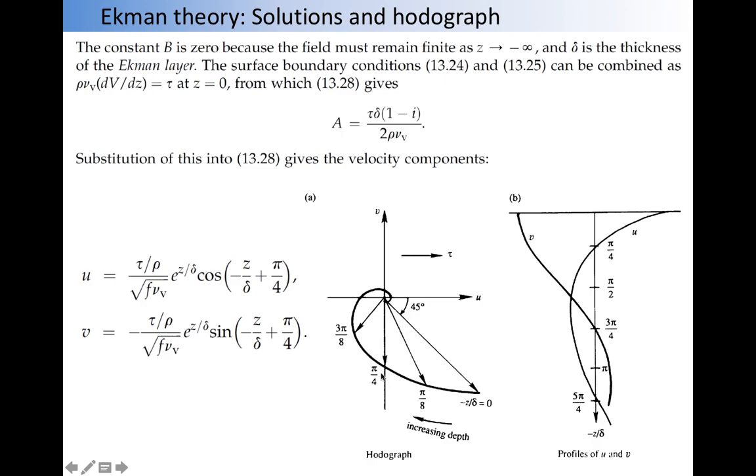And let's look at the z over delta as the pi over 4. Oh, they put it in the minus z over delta, right? Not the z over delta, sorry. It keeps making it confusing, right?